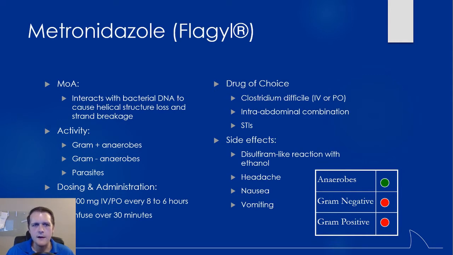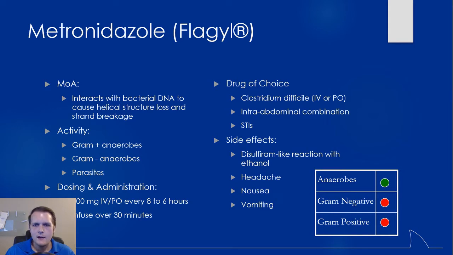The other thing you're going to find with this one is that it does treat Clostridium difficile, and so the other drug that we talked about that covers C. diff is vancomycin. If you recall, vancomycin, while usually given intravenously, is given orally for the treatment of C. diff, and if you remember its structure being quite large, it didn't really have any appreciable oral absorption from that standpoint, which is good because that limits systemic side effects.